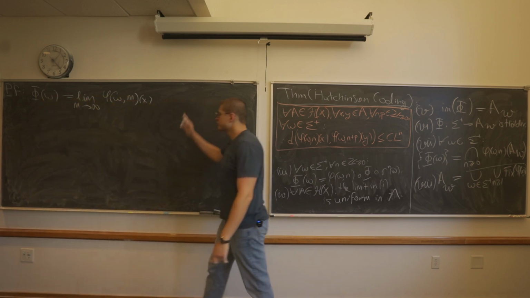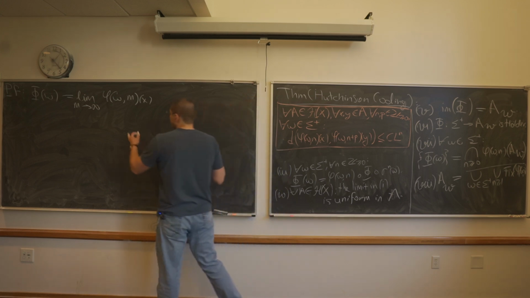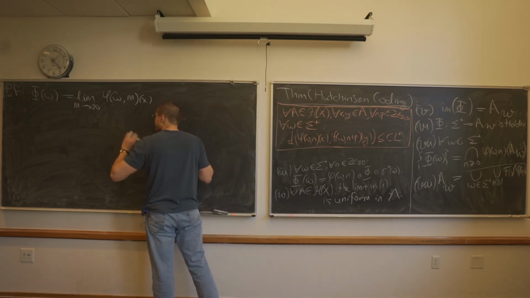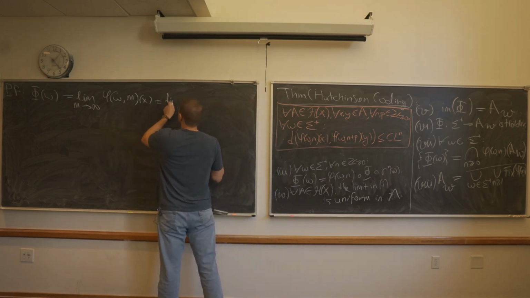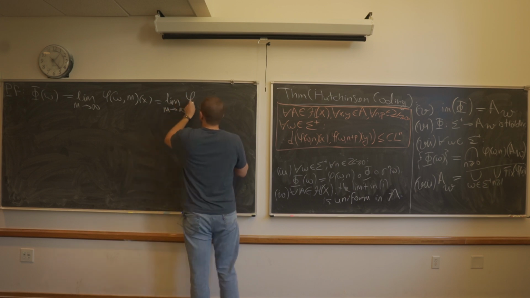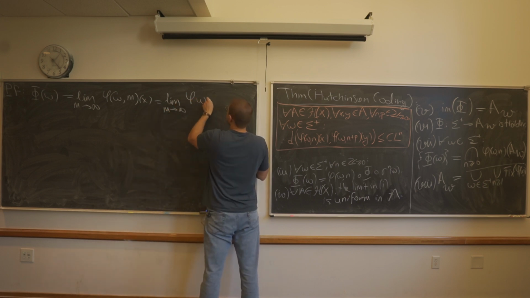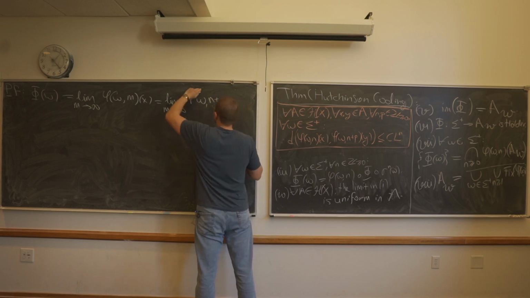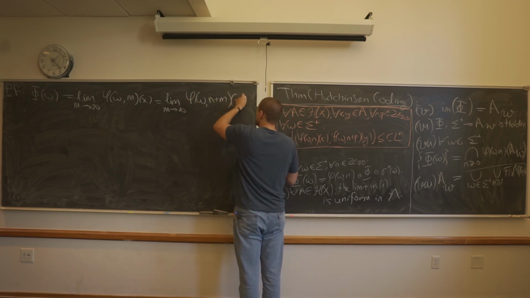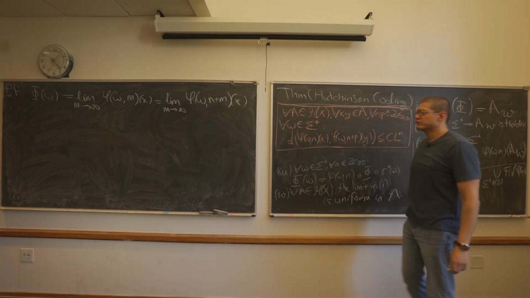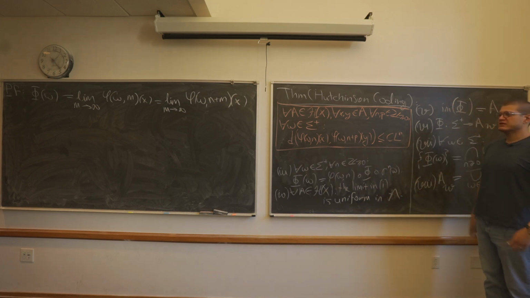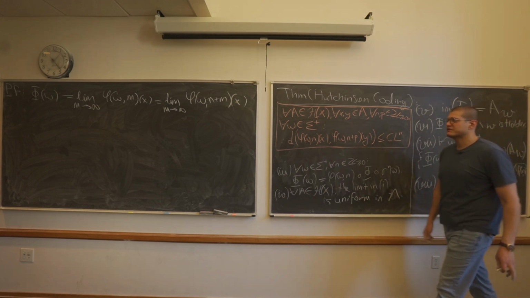Well, I can switch to a certain subsequence of this, which is given by n plus m, for m fixed. It's a subsequence. I just discarded finitely many terms, so the limit is going to stay the same.